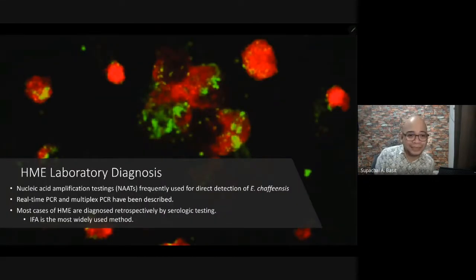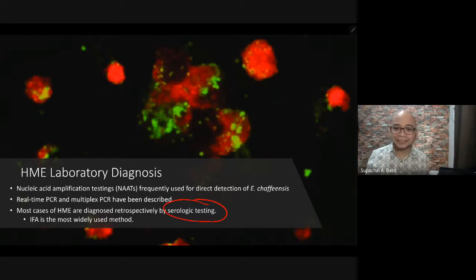To diagnose HME, nucleic acid amplification testing is frequently used for direct detection of Ehrlichia chaffeensis. We can do real-time PCR and multiplex PCR. Most cases of HME are diagnosed retrospectively by serologic testing, meaning patients have already developed antibodies.